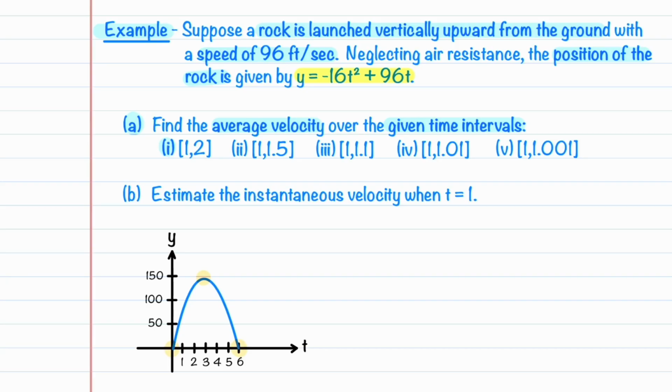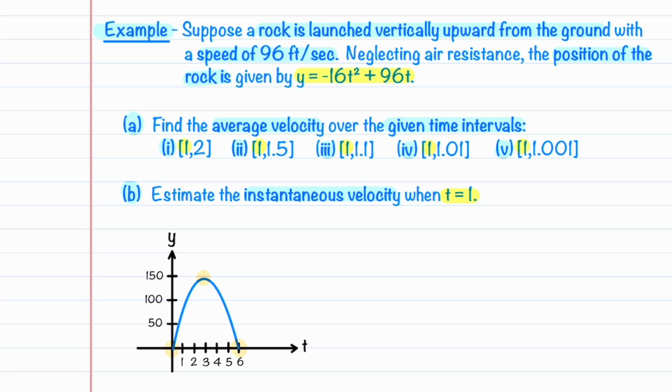Here's our first interval, second, third, fourth, and fifth intervals. Notice that in each of these intervals, our time starts at 1. After we find the average velocity, we are going to estimate the instantaneous velocity when t is equal to 1.